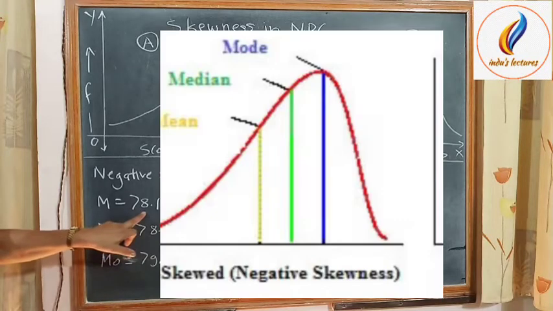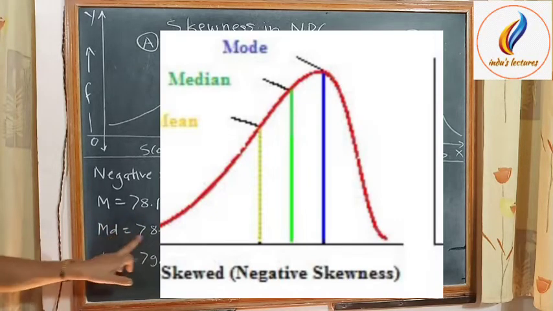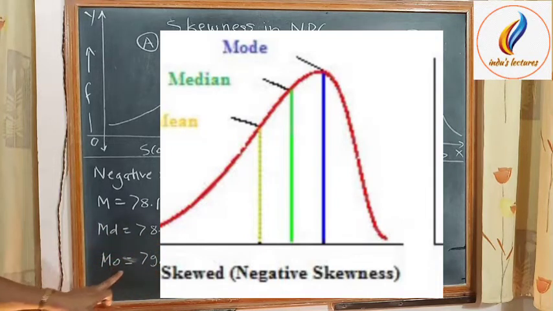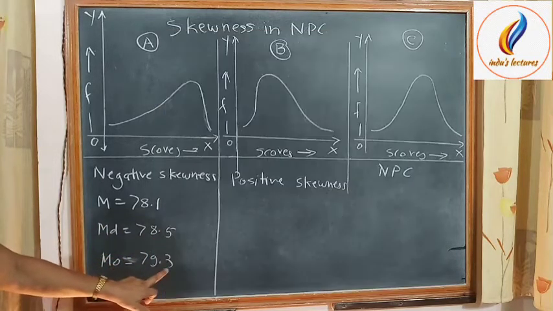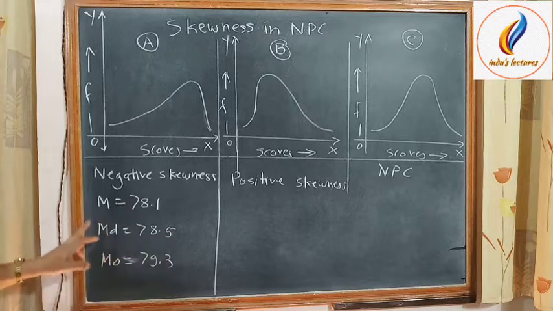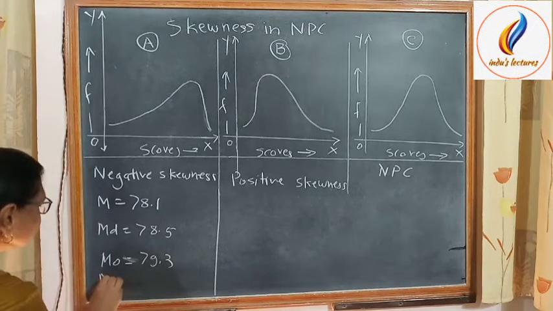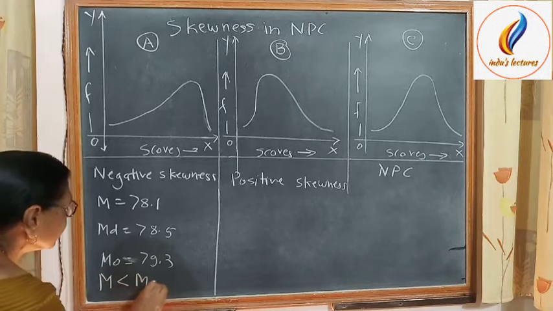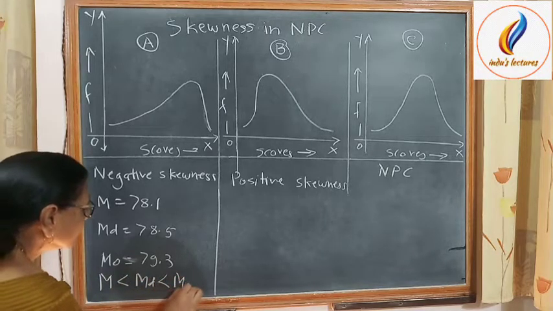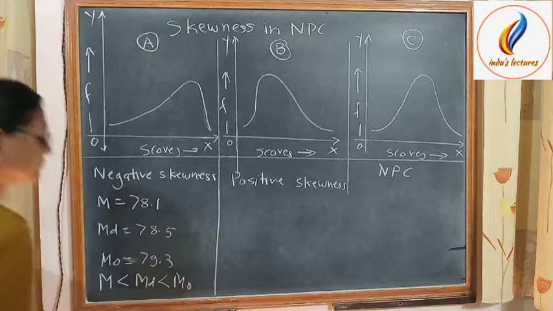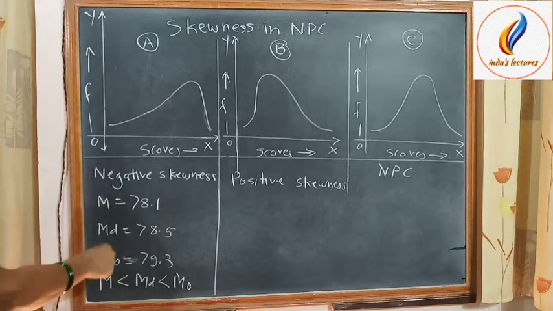Mean is 78.1, median is 78.5, and mode is 79.3. That means the values of mean, median, and mode are not the same, they are different. Particularly, we can say that mean is less than median is less than mode. Such a distribution is called a negatively skewed distribution.